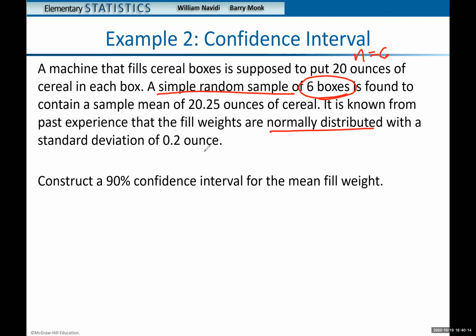So remember the formula, point estimate plus or minus the margin of error.